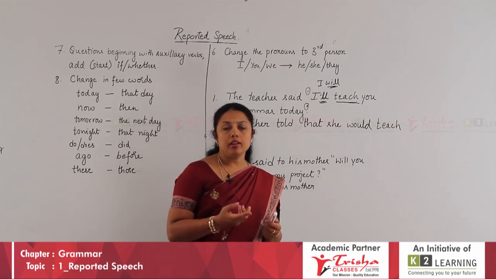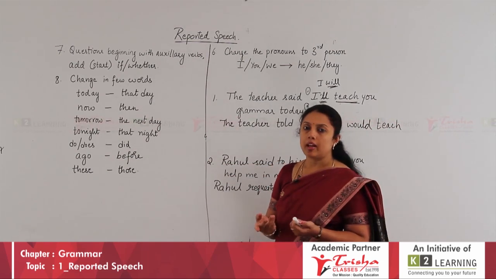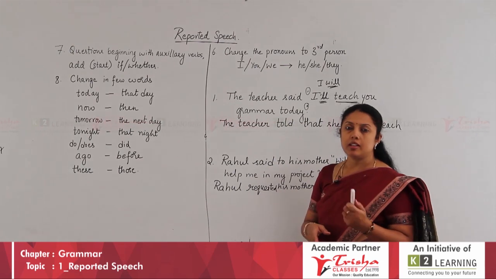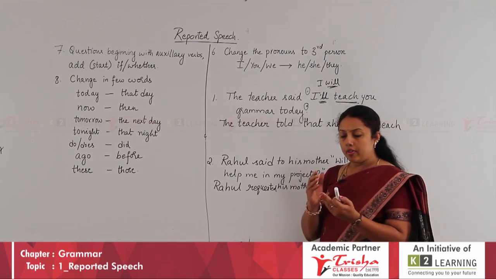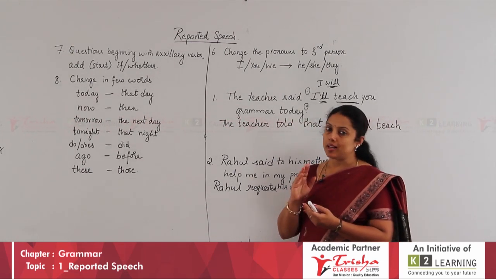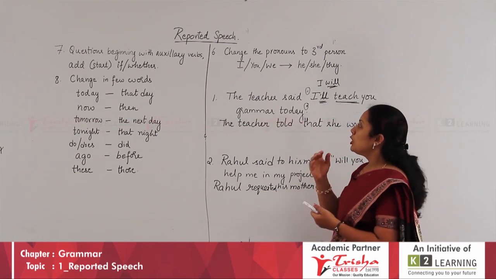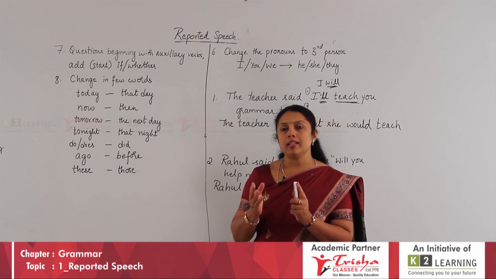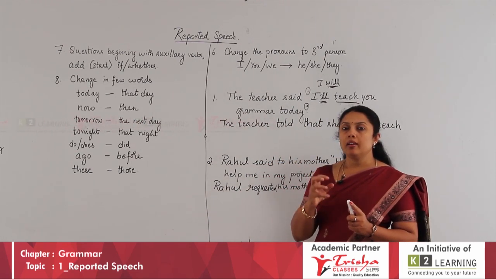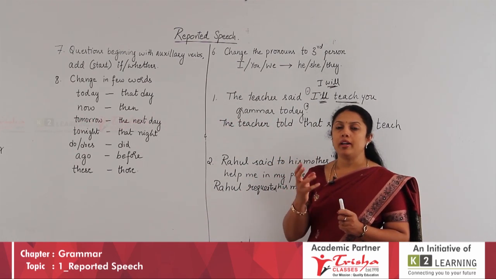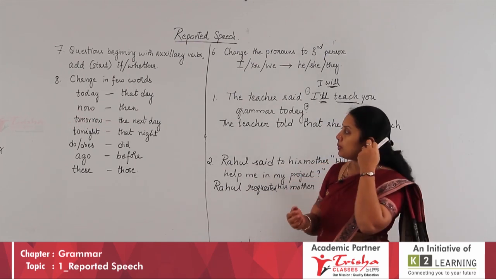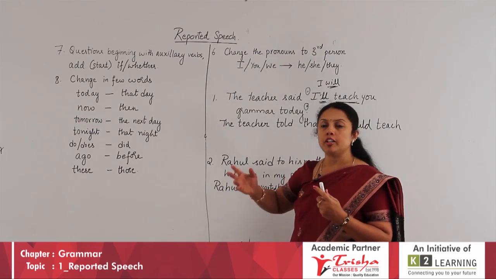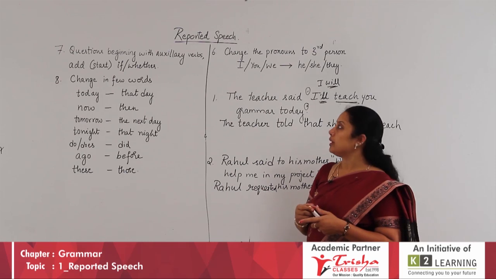We've already learned that there are three types of persons, the first, second and the third person, wherein I always stands for first person, you and we stand for second person. So all these pronouns, I, you and we, that are in first and second person, will all change into third person categories.